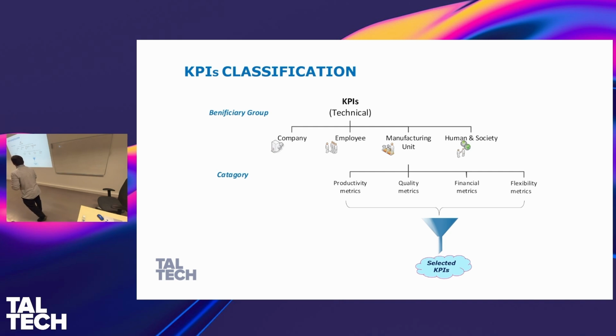So we need to go through different metrics: productivity, quality, financial, flexibility, but in the end we need to select a few of them so that we can focus on one area, improve it, and then move to the next. So the idea here is that KPIs are not just for manufacturing, they can be connected with the whole society and the whole company. But here we focus a bit on the manufacturing unit, and on the productivity and quality ones that we use.